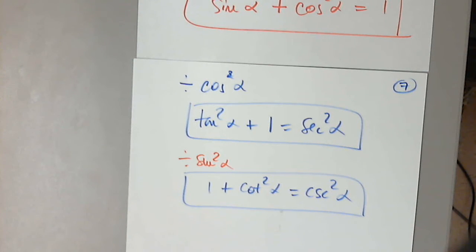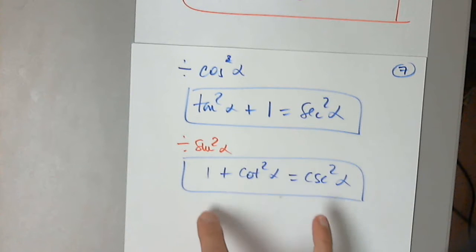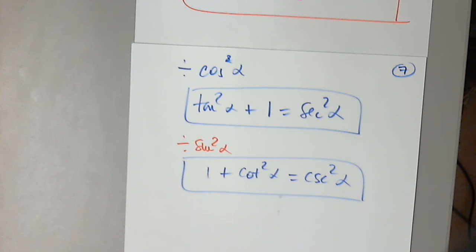Tangent with secant are related in the same equation, so keep that in mind. And cotangent and cosecant are related, and they are in the same equation. You'll see how they are related further in the next step. So tangent with secant are together, and cotangent with cosecant are together. Any questions?